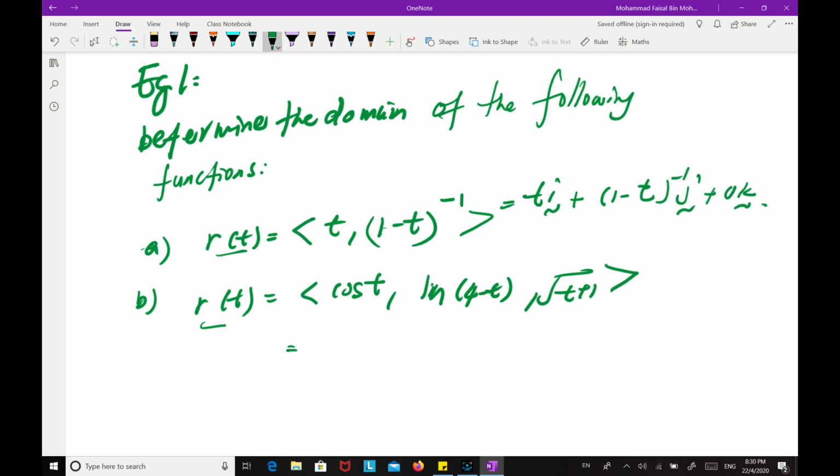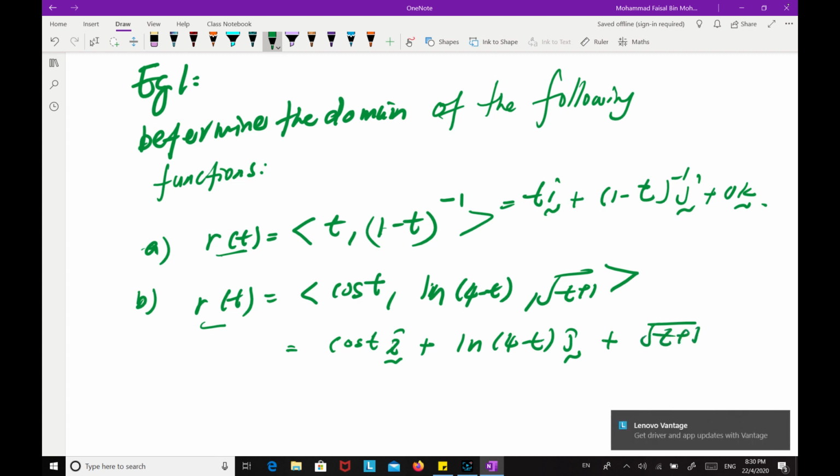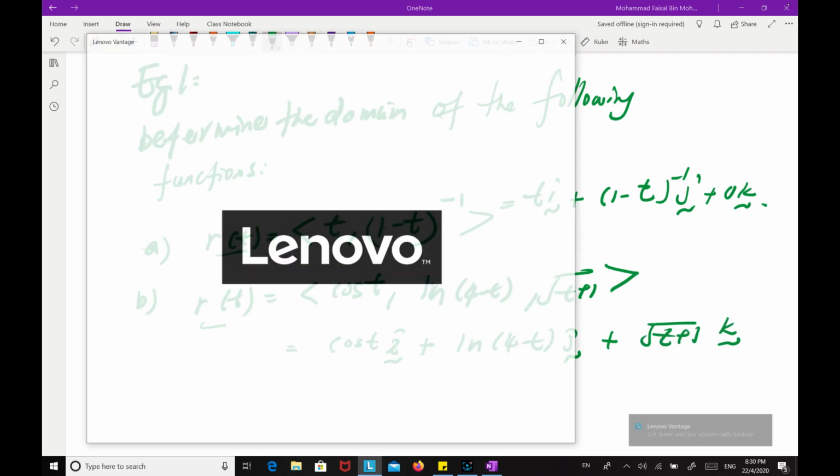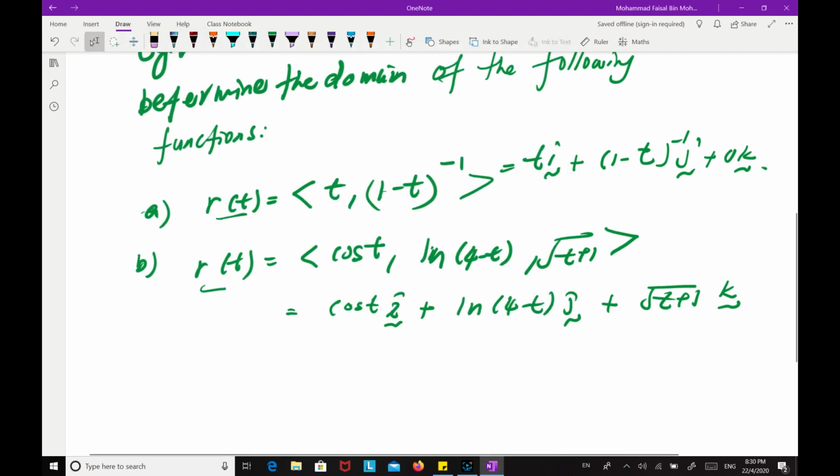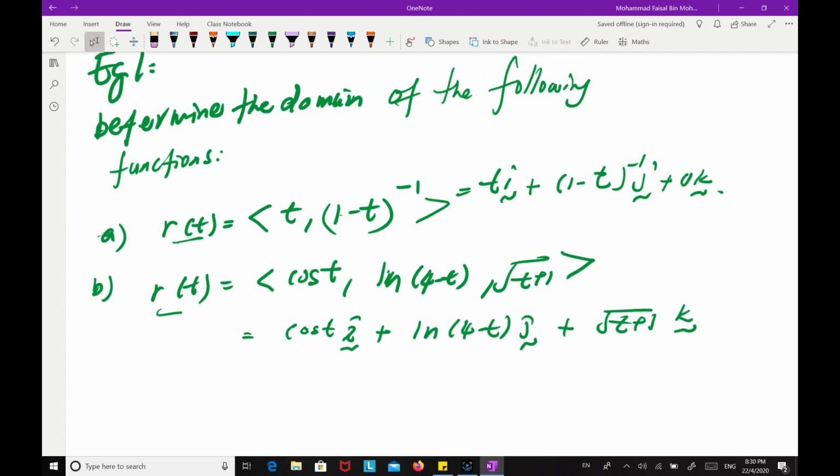Okay, this is same as cos t i plus ln 4 minus t j plus square root t plus 1 k. Okay, now it's just the same meaning. Okay, we want to find the domain.